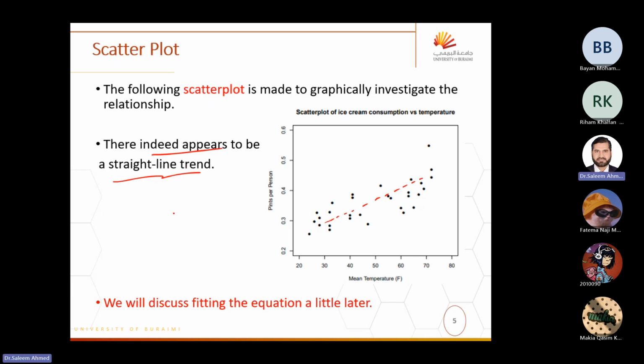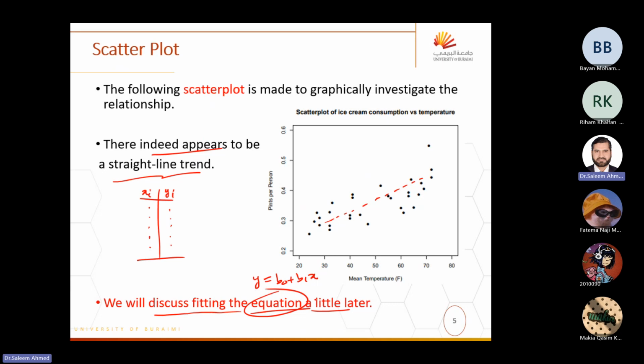How to find that straight line, we will discuss it later. We will discuss this equation a little later: how to find this y is equal to b naught plus b1x. Okay, we will do it, but a little later. Before that, if a scatter plot is not given to me, only the data is given. Let's say xi points are given, yi points are given.